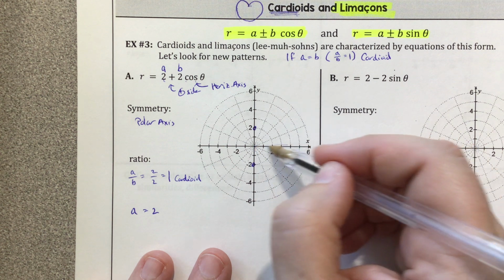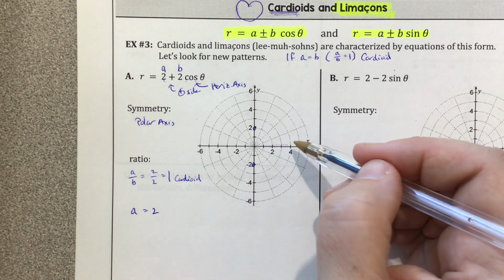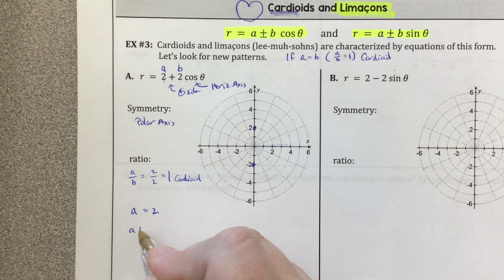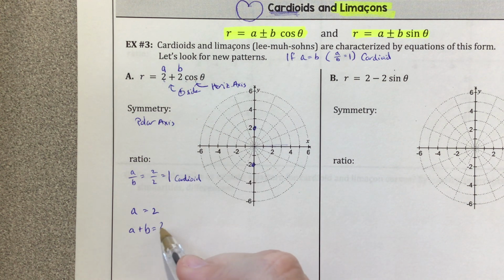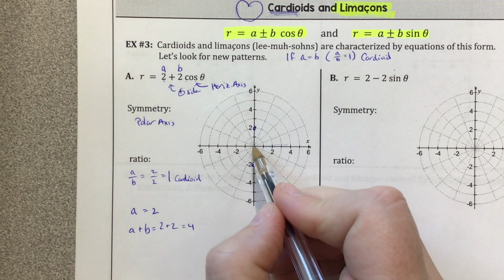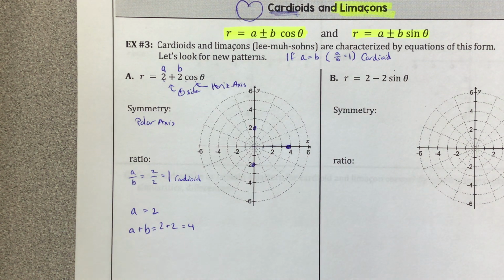On the horizontal axis where most of the body of this graph is, I find the distance to move from the pole by A plus B. A plus B, 2 plus 2, tells me I'm moving 4 units, 1, 2, 3, 4, along the axis where most of the body of our cardioid is.